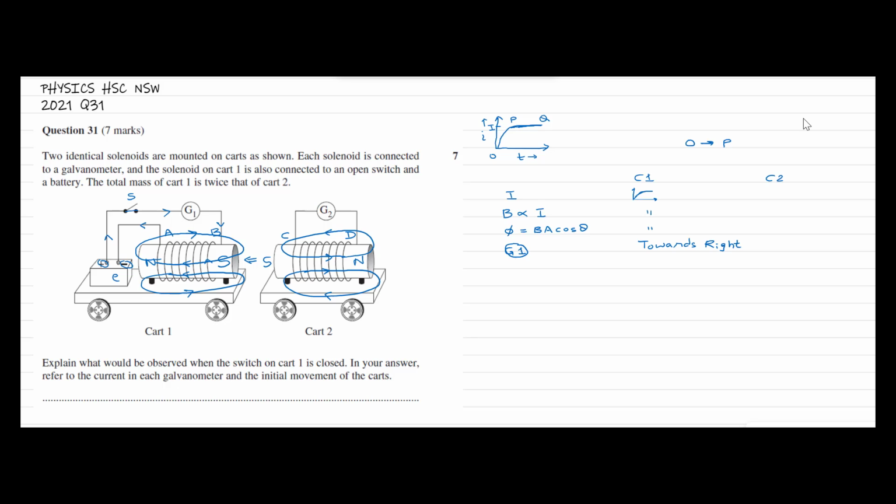If you look from left to right towards the cart 2, it is behaving like a south pole, and south pole means the current will flow clockwise.